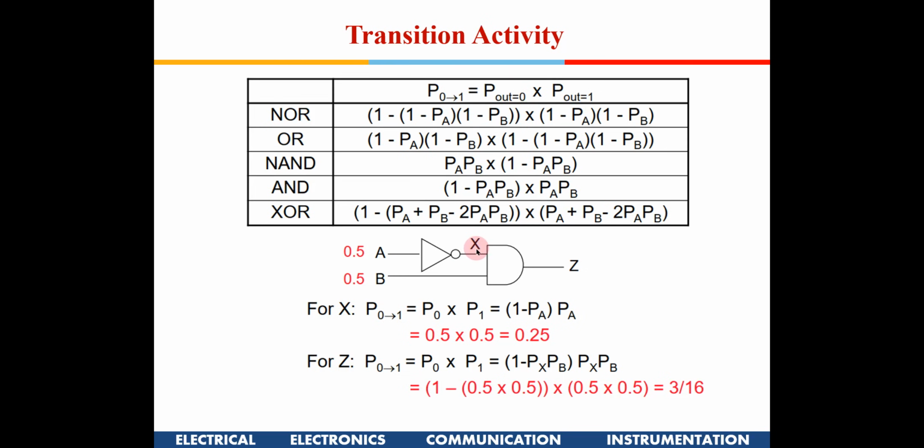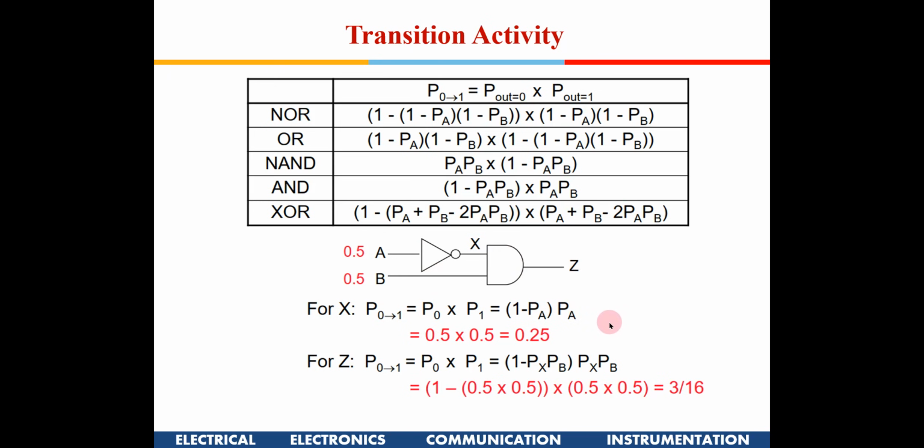So both ones is 0.5 into 0.5, and the probability of 0 is 1 minus 0.5 into 0.5. So you get 3 by 16 in this particular circuit.